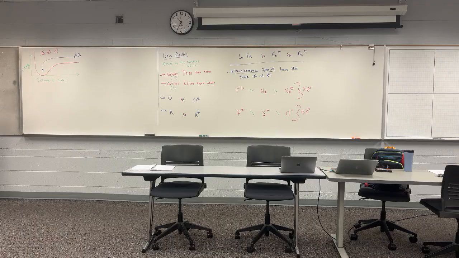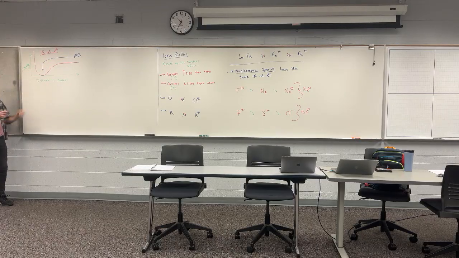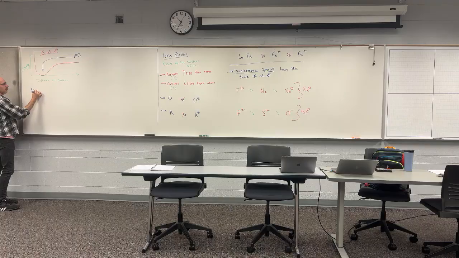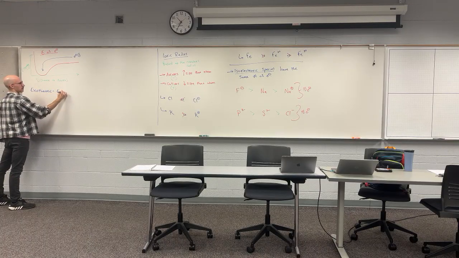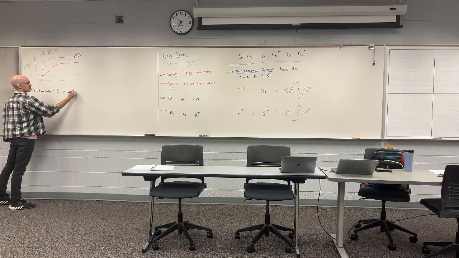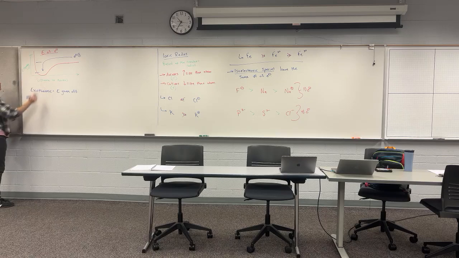The electron goes from a higher energy state to a lower energy state. We call that exothermic. Loss of energy, exothermic. Loss of heat, loss of energy.